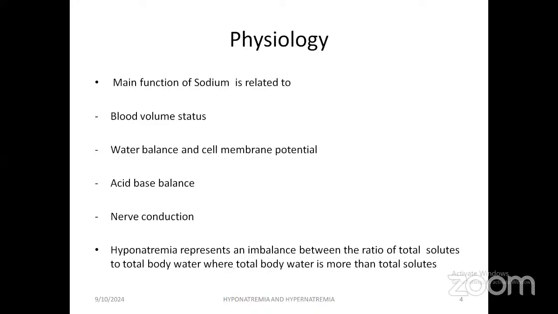Main functions of sodium are related to blood volume status, water balance and cell membrane potential, acid-base balance, and nerve conduction. Hyponatremia represents an imbalance between the ratio of total body solutes to total body water, where total body water is more than total solutes.